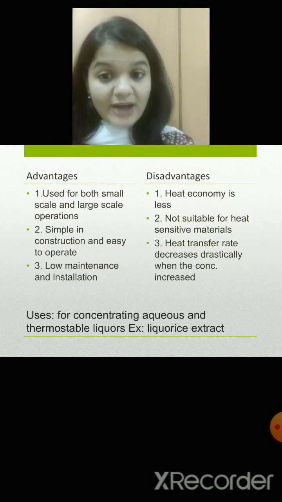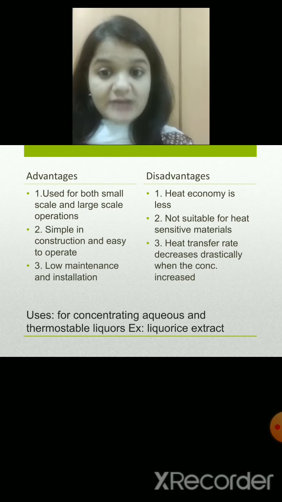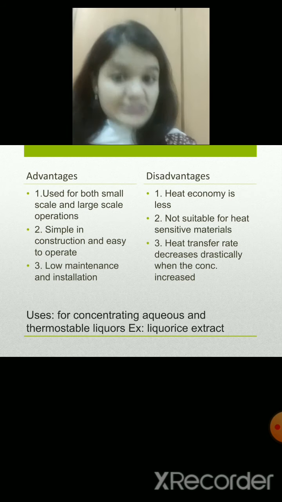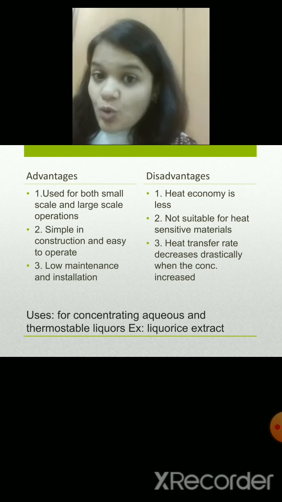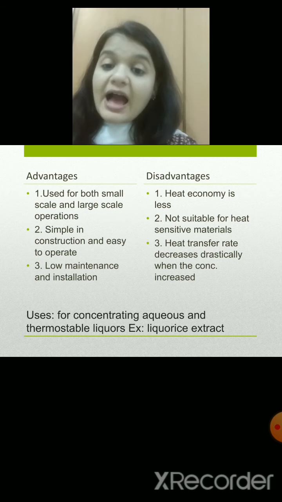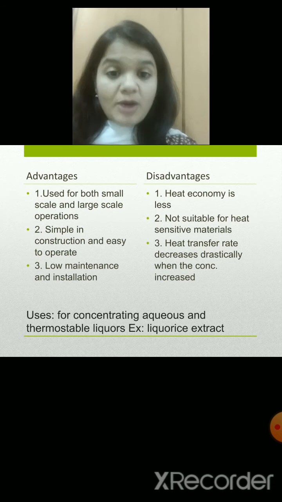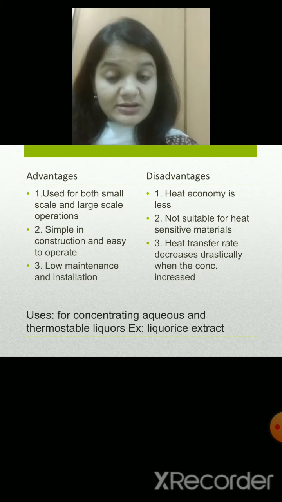The major advantages are, it is used for both small scale as well as large scale. It is simple in construction and easy to operate. Even the maintenance and installation have both low cost. But the major disadvantages are, heat economy is less, it is not suitable for sensitive material, that is heat sensitive material.